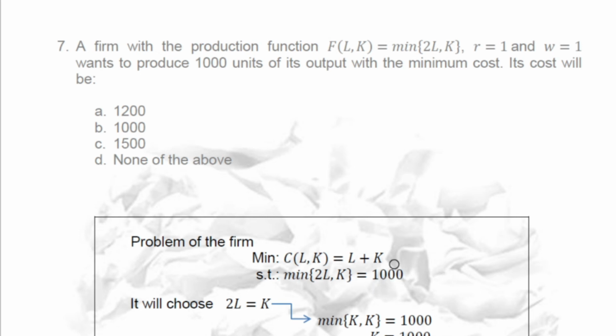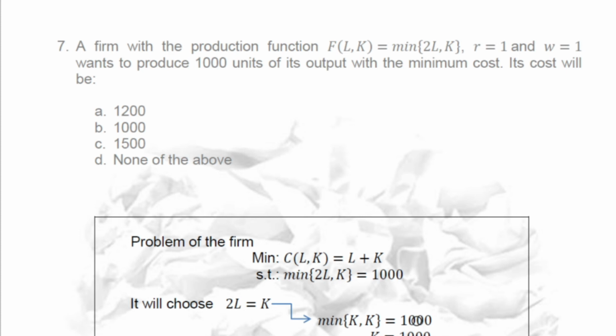How do we solve this? As I told you in classes, we equalize 2L to K, and with this expansion path we substitute it again in the constraint, the production function, the isoquant. Where we have 2L, we write K, so we have the minimum between K and K, that is K equal to 1000.